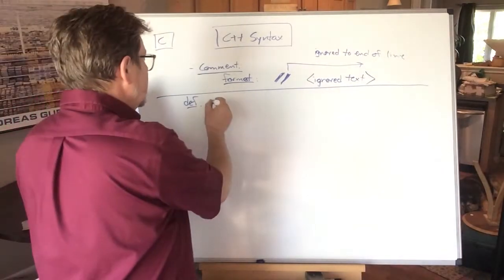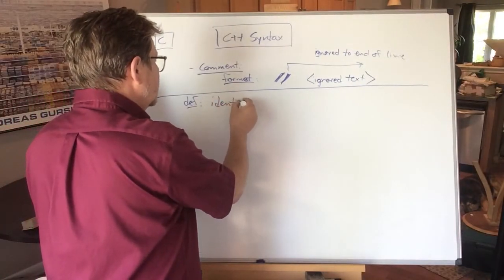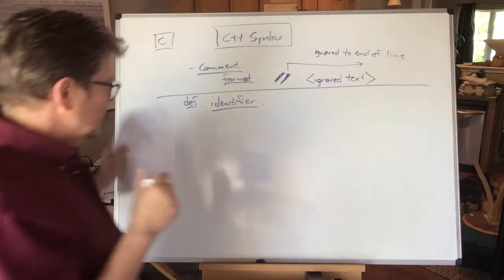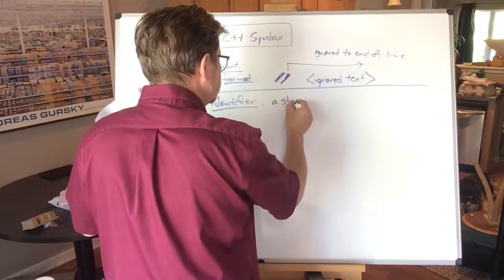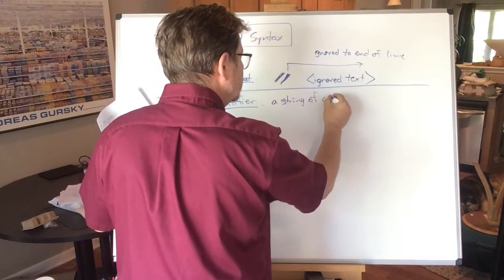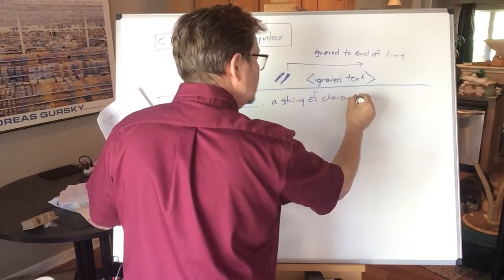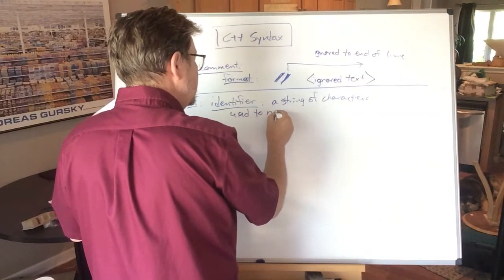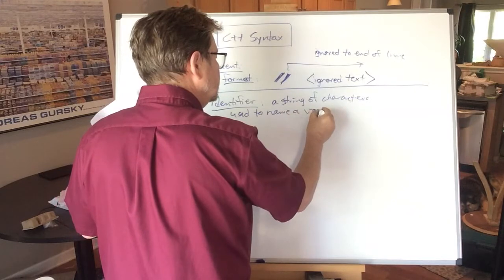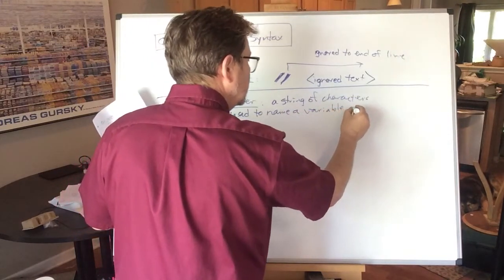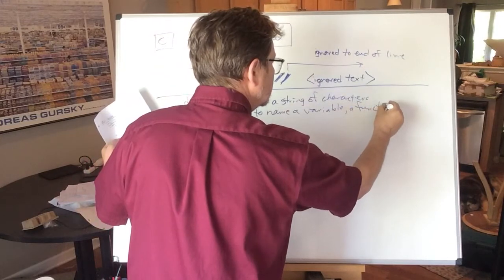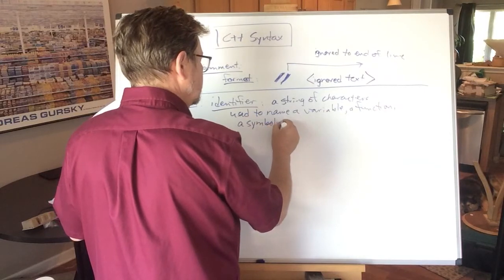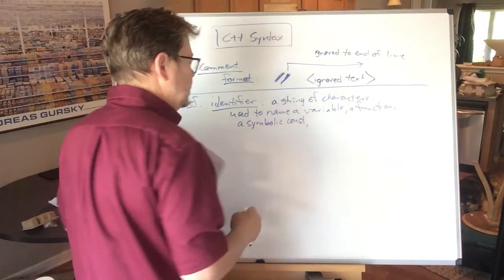In C++, an identifier, I-D-E-N-T-I-F-I-E-R. An identifier is a string of characters, S-T-R-I-N-G, of characters, C-H-A-R-A-C-T-E-R-S, used to name a variable, a function, a symbolic constant, abbreviated symbolic constant.